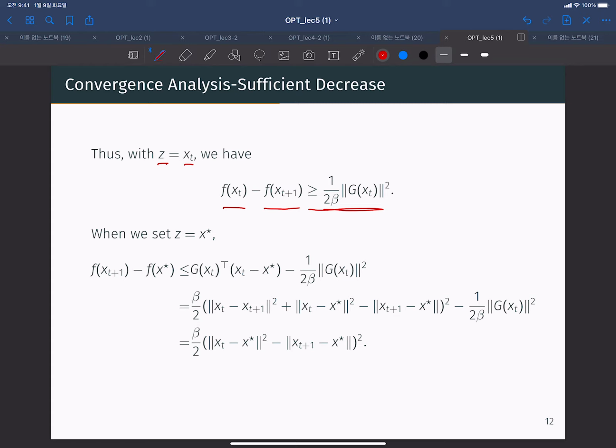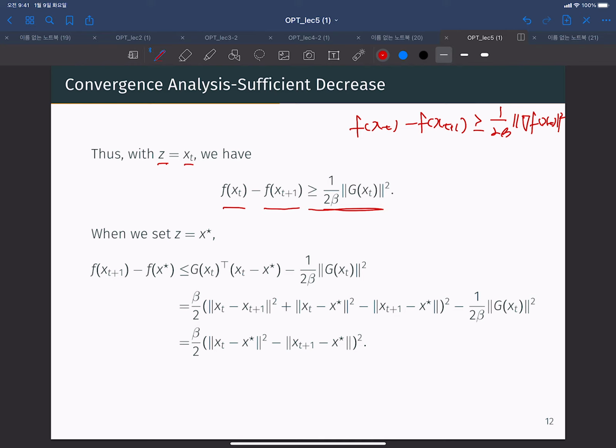This is the sufficient decrease inequality. Previously, without this h function, with the simple gradient descent approach, we have f(x_t) minus f(x_{t+1}) greater than or equal to 1 over 2 beta times the gradient of f(x_t) norm squared. So we have almost the same inequality.